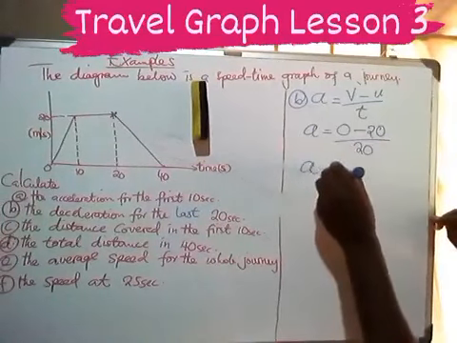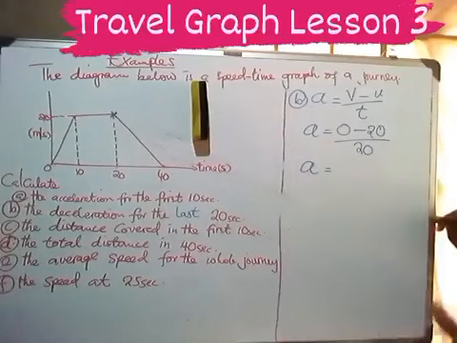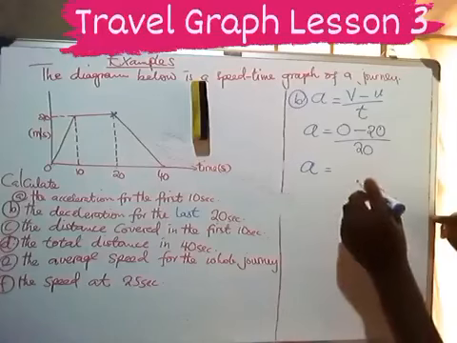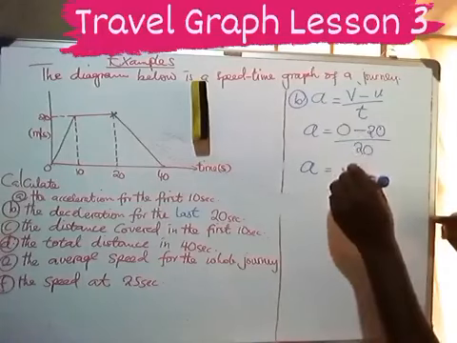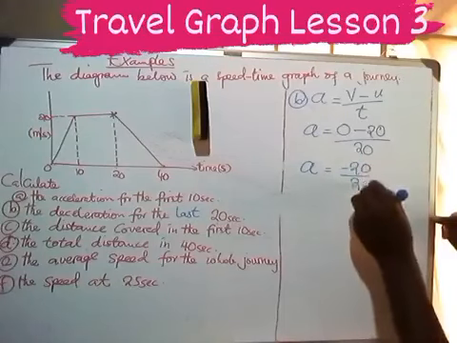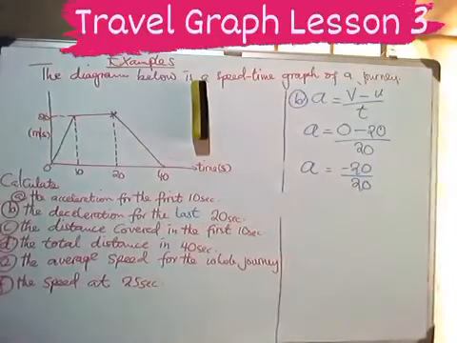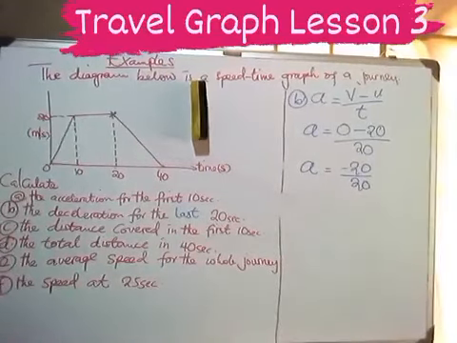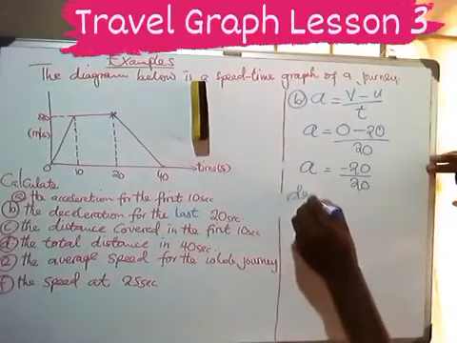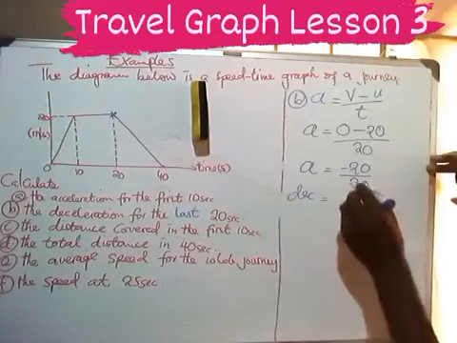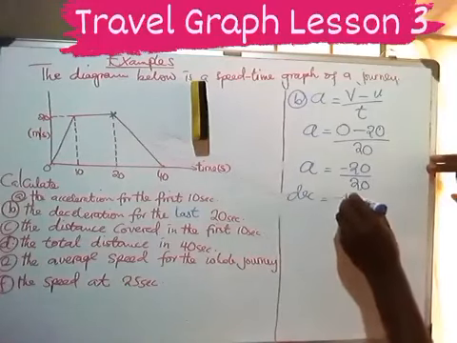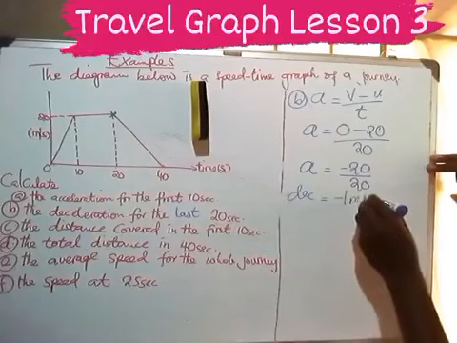So we are going to have deceleration, which is negative acceleration. We still use the same symbol for acceleration. 0 minus 20 is negative 20, over 20. So deceleration is negative 20 divided by 20. The answer is negative 1. Negative 1 what?